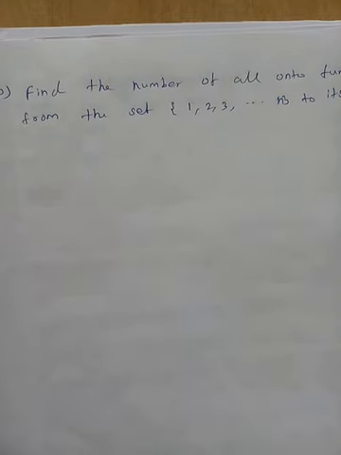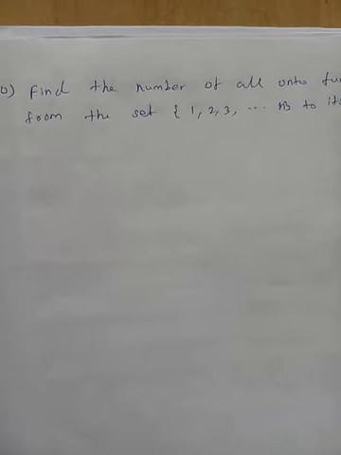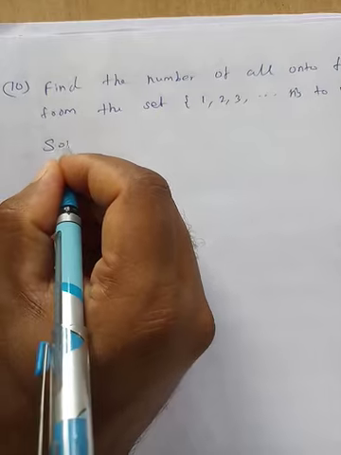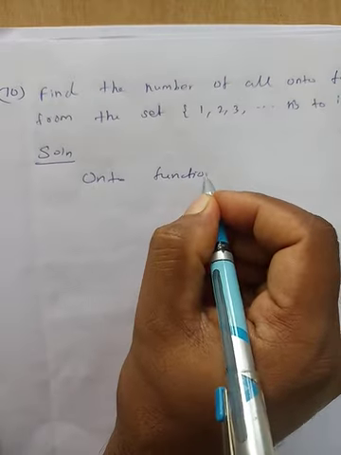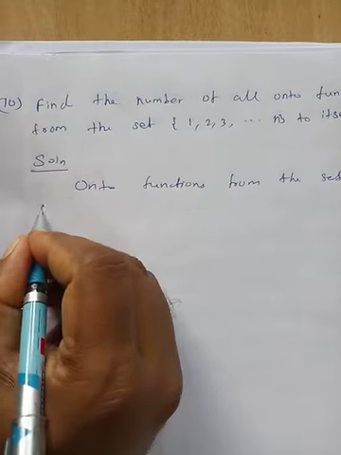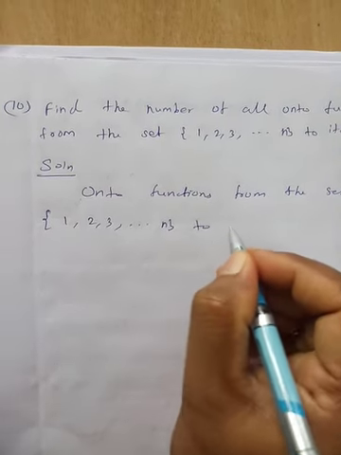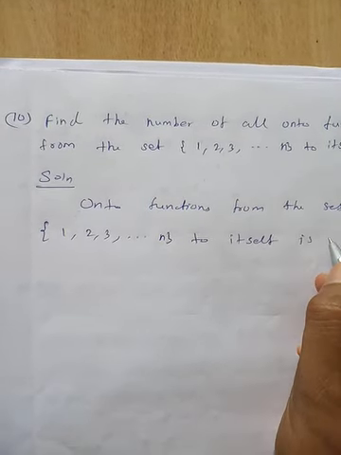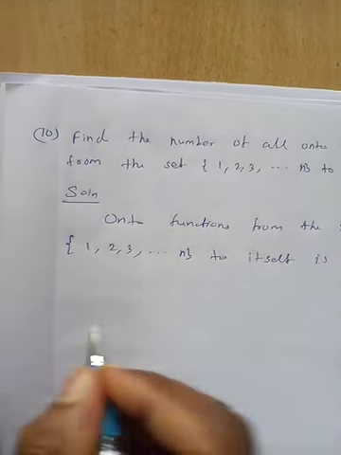Question number 10. Find the number of all onto functions from the set 1, 2, 3, up to n to itself. Solution. Onto functions from the set 1, 2, 3 up to n to itself is simply a permutation.